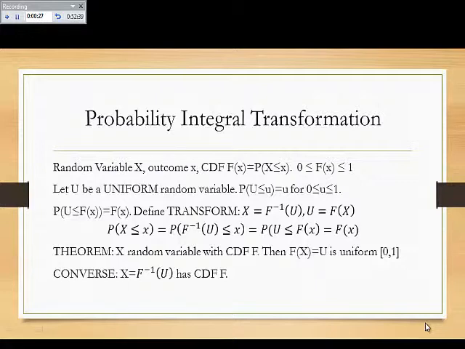Now consider a uniform random variable between 0 and 1. The probability that capital U is less than or equal to u is equal to u for 0 less than or equal to u less than or equal to 1. The probability of being less than 1 is 100%, the probability of being less than 0 is 0%, the probability of being less than half is 50%, and so on. This is a standard uniform variable.